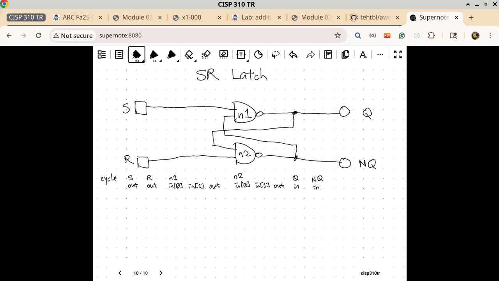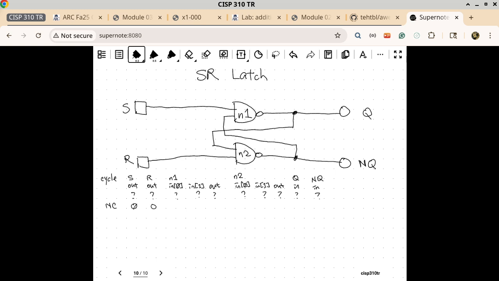Okay, all right. So initially, we say, well, we don't know anything about the entire circuit, so we just fill everything in with question marks. We simply do not know. And then the first thing we'll do, we'll do an NC here, assuming both the S and the R pins are going to be zeros.